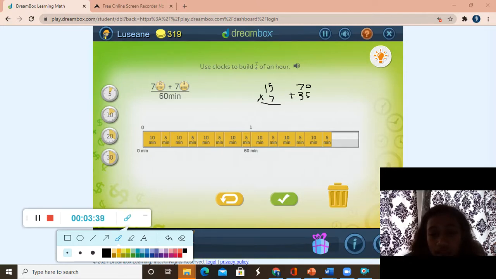And what you want to do is add those up, which would get 105. So our answer is 105. So let's move on.